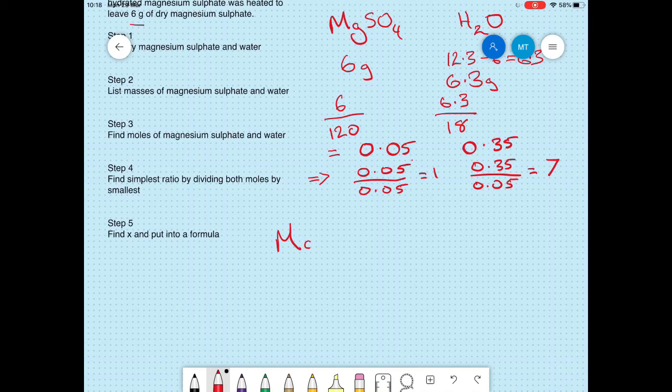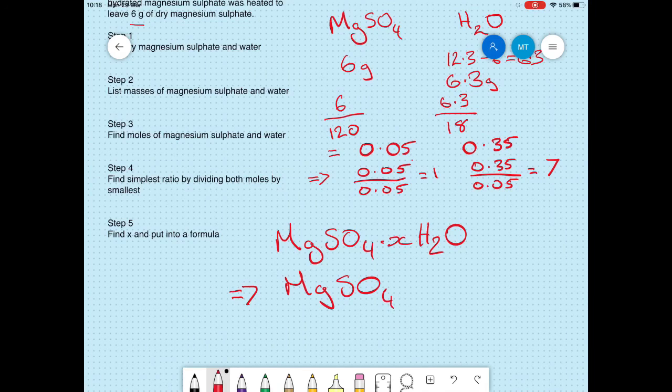Here's the old formula, dot X H2O. X means it's loosely bonded, and we need to substitute our value of X, which we now know to be 7. So MgSO4.7H2O. You need to practice a few times, but it's a relatively straightforward calculation.